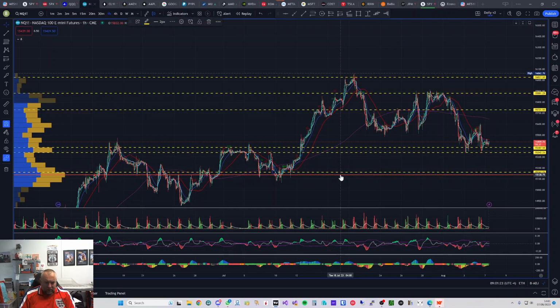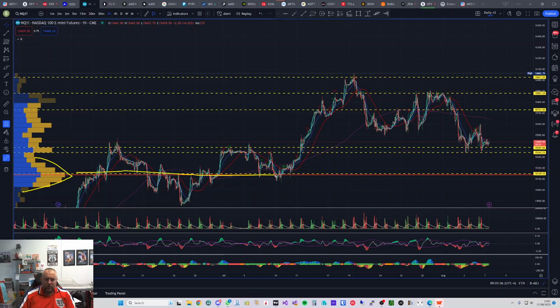I'd say about where that point of control is, this heavy area of volume. This area here is a natural resistance, a natural support area.